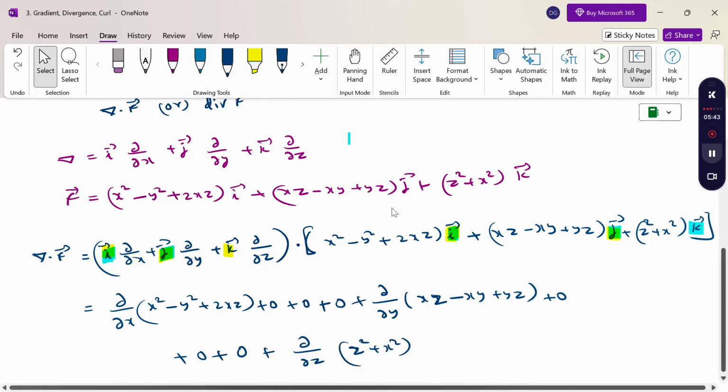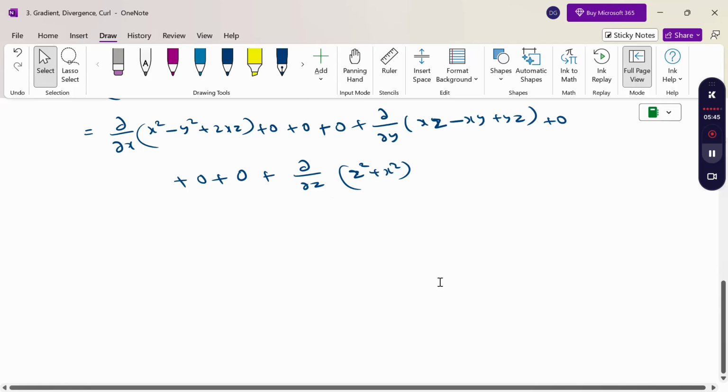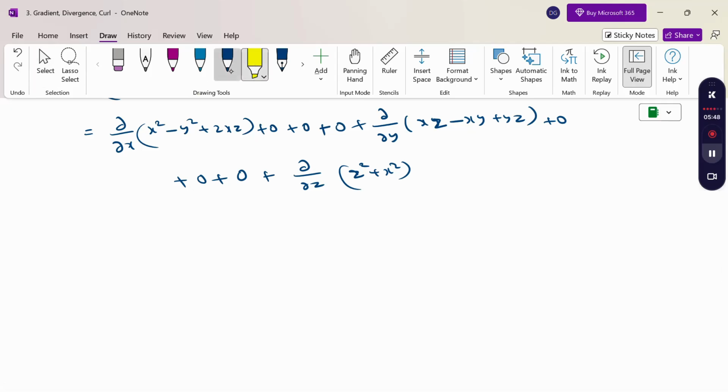Just multiply the dot product. Now the derivative with respect to x: here x is the variable, other values constant. When taking the partial derivative with respect to y, the other terms are constant and y is the variable. Now differentiation: dou by dou x of x square gives 2x, minus y square gives 0, plus 2xz gives 2z.